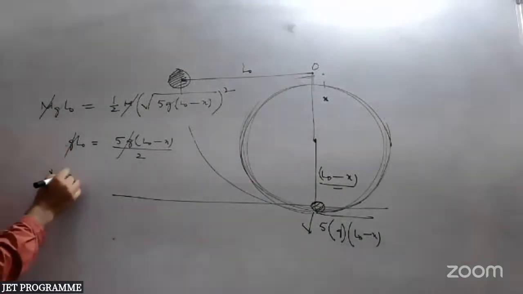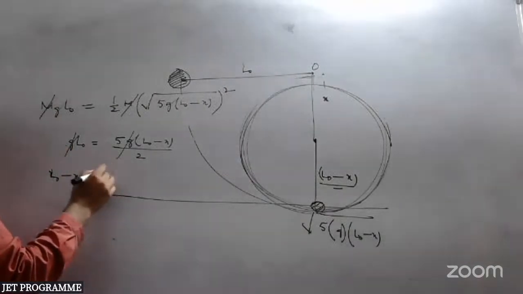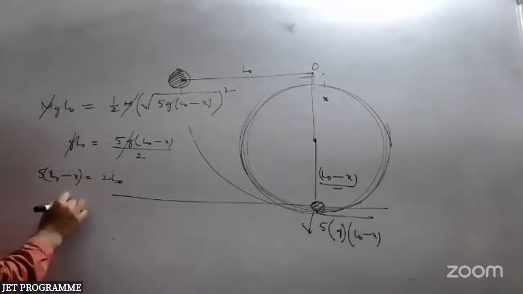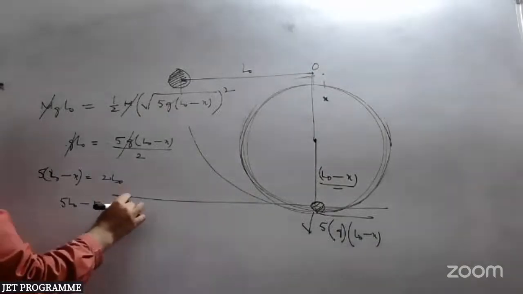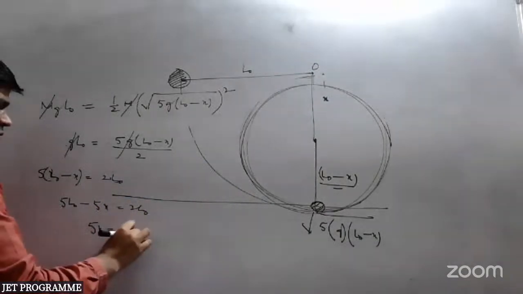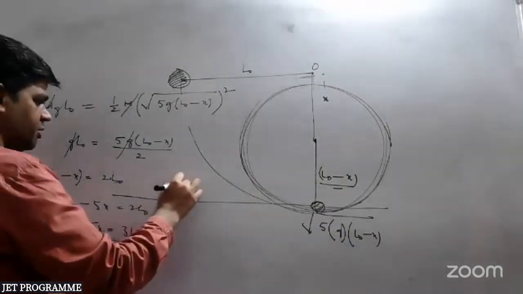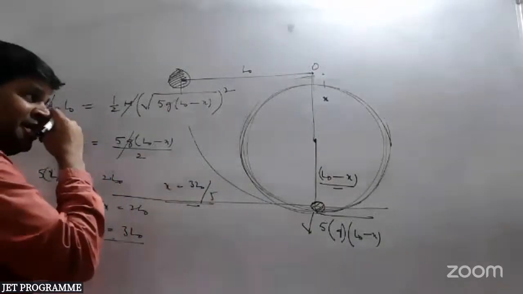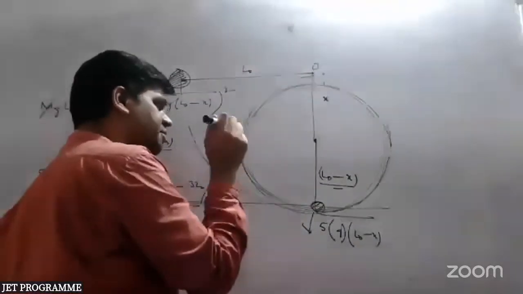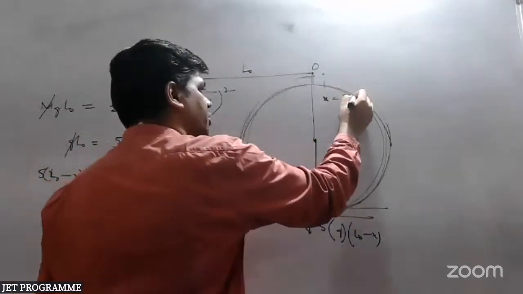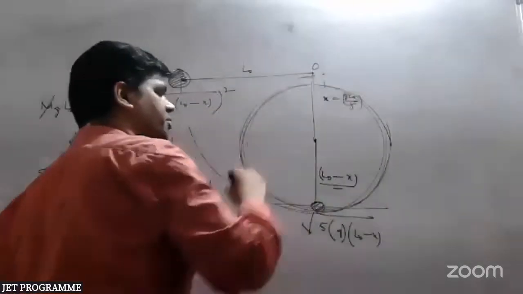So 5 into L naught minus x is equal to 2L. 5L naught minus 5x is equal to 2L. 5x is equal to 3L. x is equal to 3L by 5. So I should nail the peg, the obstruction, here at a distance of 3L naught by 5 for it to loop the loop.